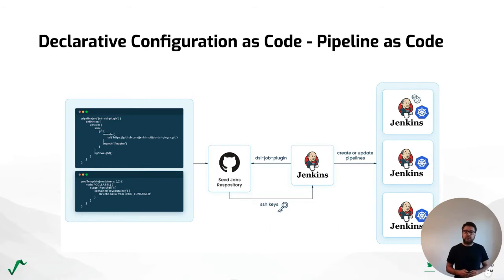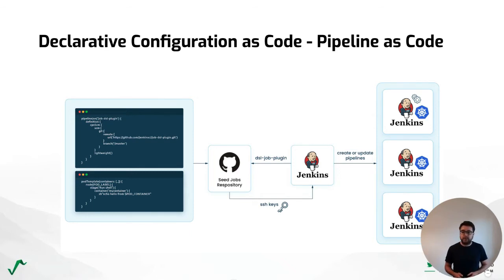For additional security, we can use SSH keys to authenticate Jenkins against the GitHub API. That might be helpful if you have GitHub Enterprise or private repositories. On the right-hand side, Jenkins creates and updates pipelines.